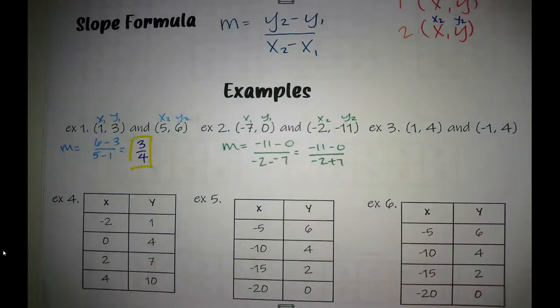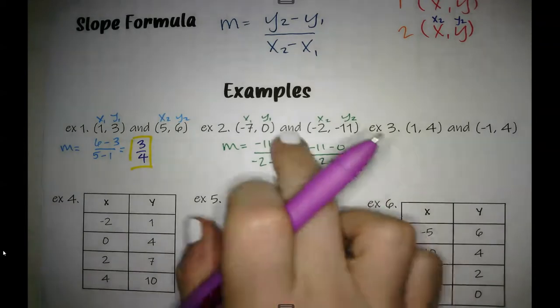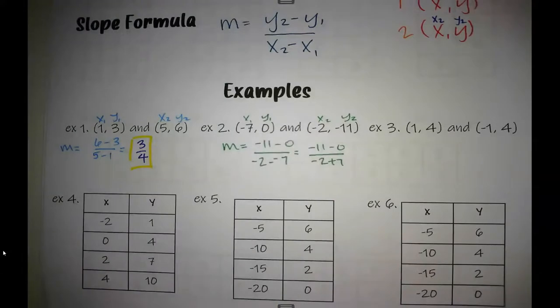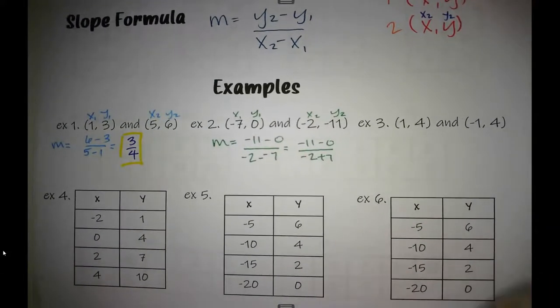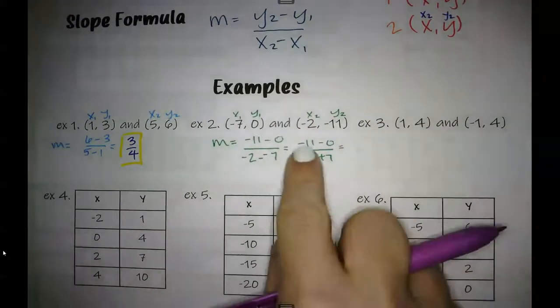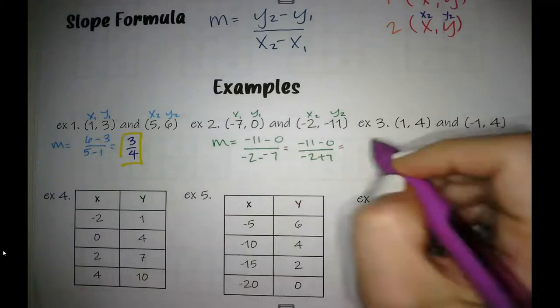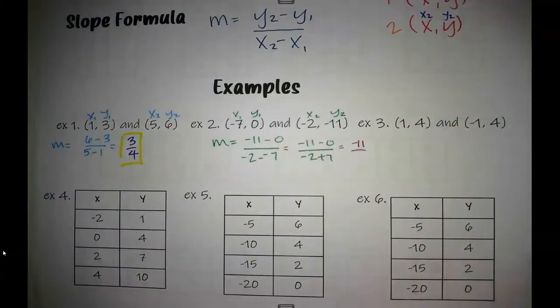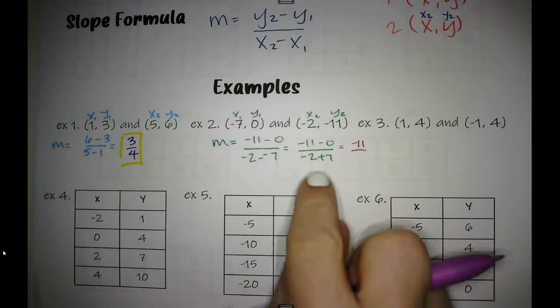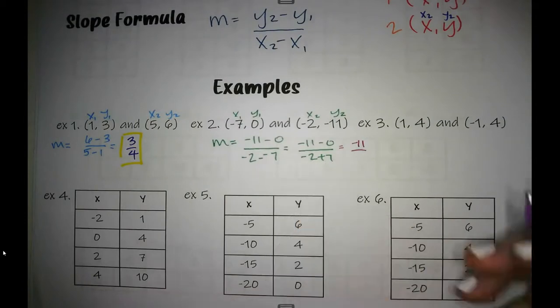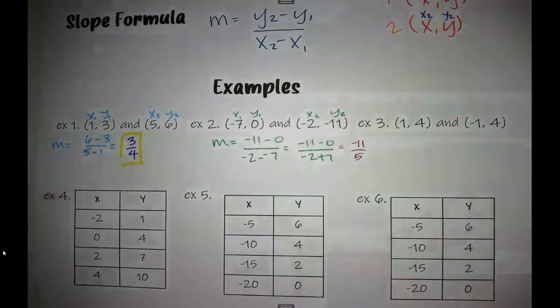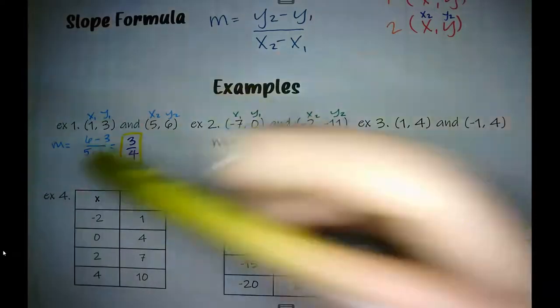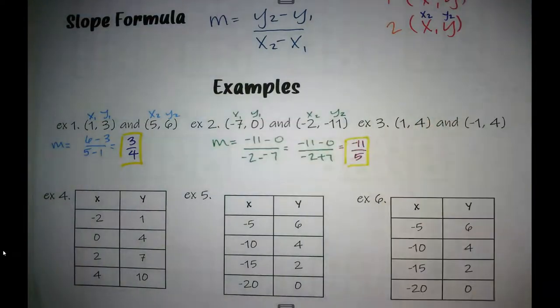I either do all of that, or I sometimes just plug it into my calculator exactly like this, so that all your signs stay proper. So negative 11 minus 0 is just negative 11. Negative 2 plus 7 is positive 5. So this is our slope, negative 11 over positive 5.